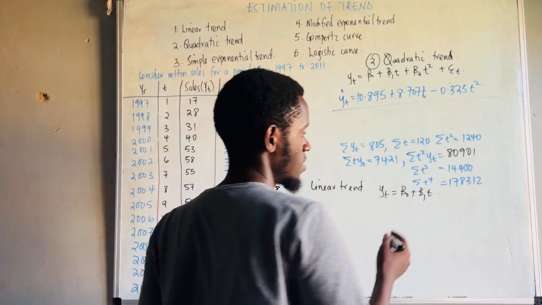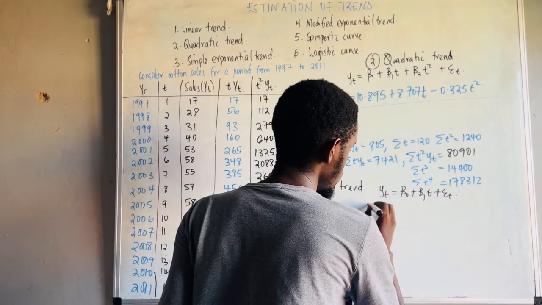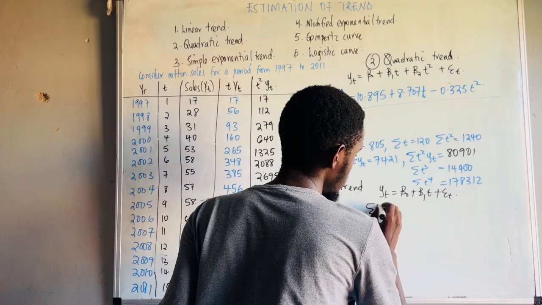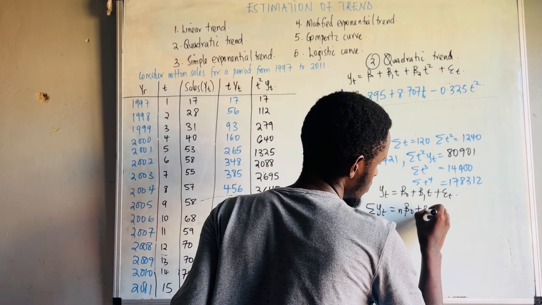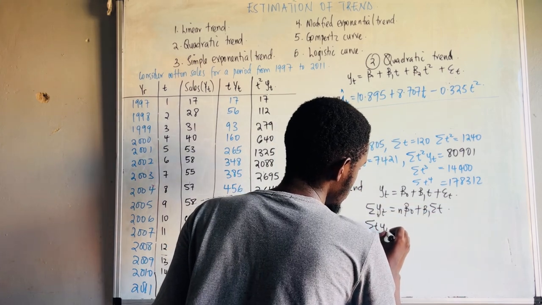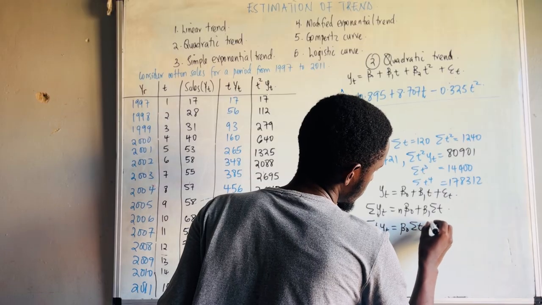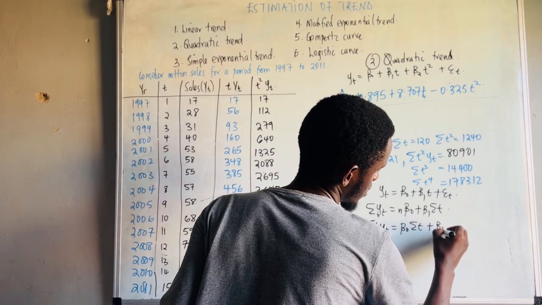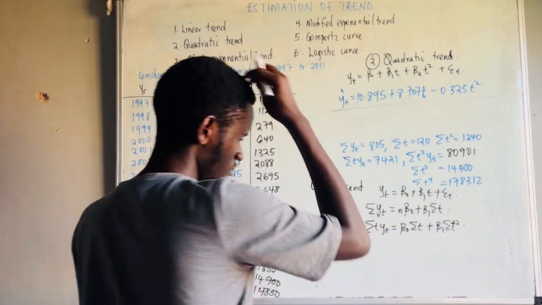So you have the equation yt equals beta naught plus beta 1 times t, something like that, plus the error term. If you apply the route, you shall have summation yt equals beta 1 summation t, and then we shall have summation of t times yt.